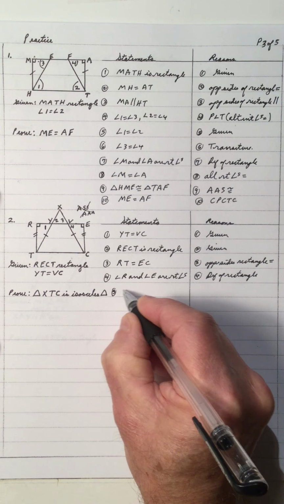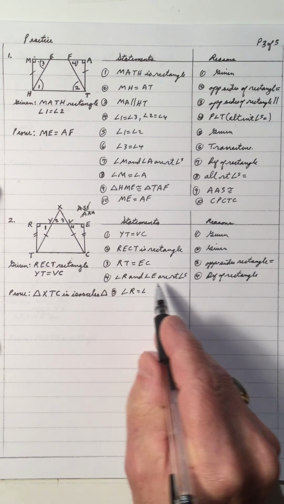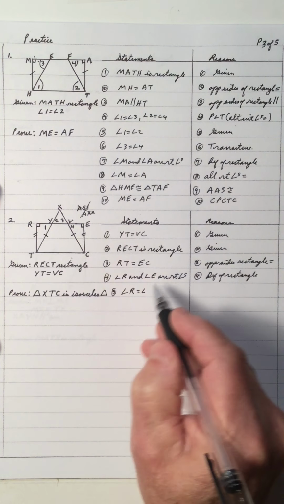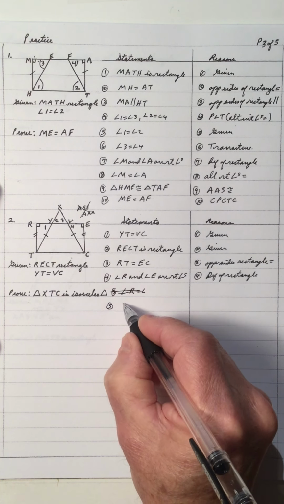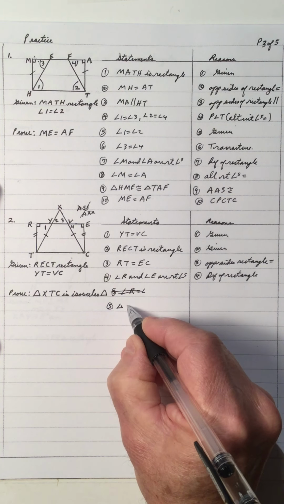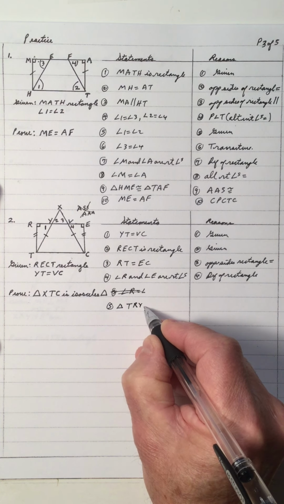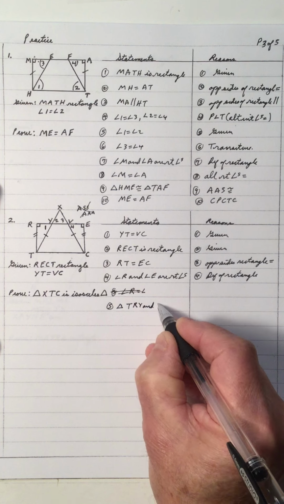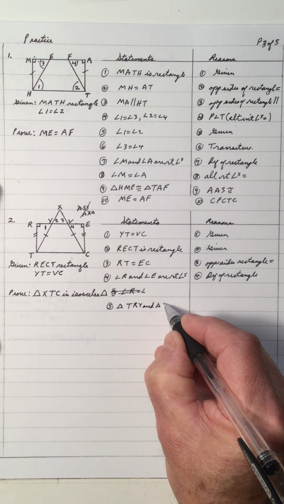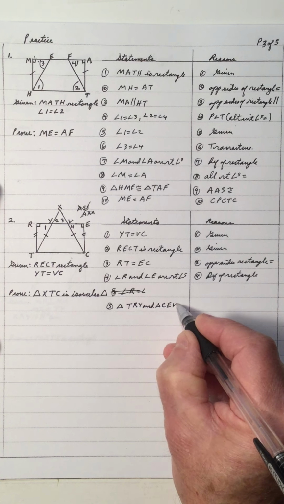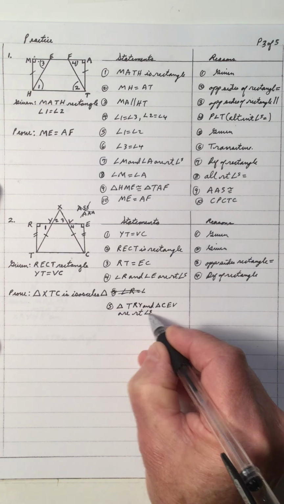That means that angle R is equal to, I can't say equal, because then I'll have an ASS, so can't do that. I have to say that triangle TRY and triangle CEV are right triangles.